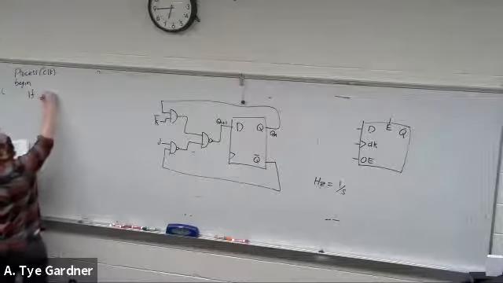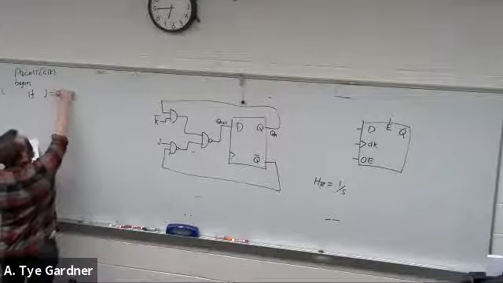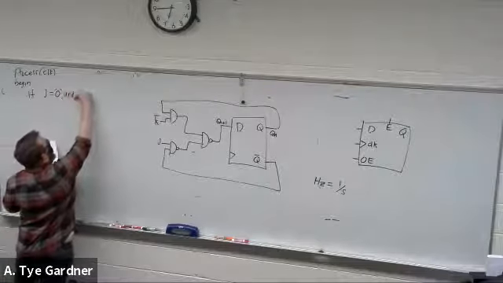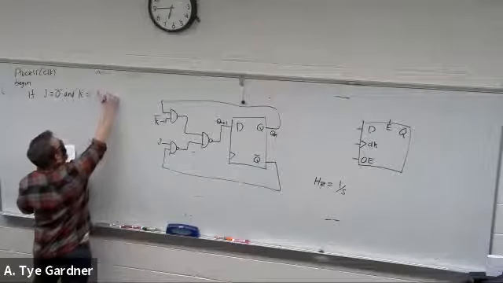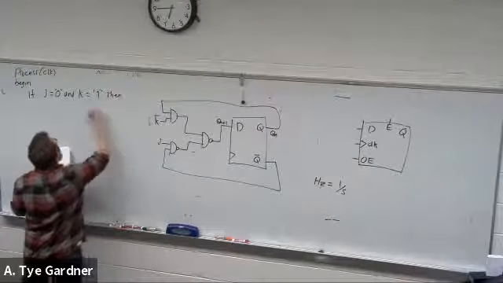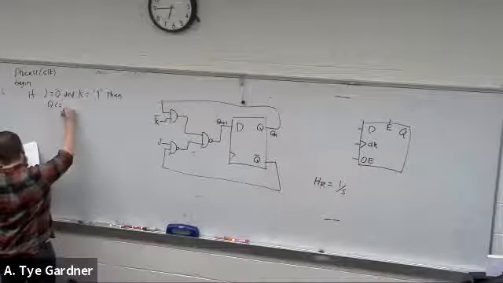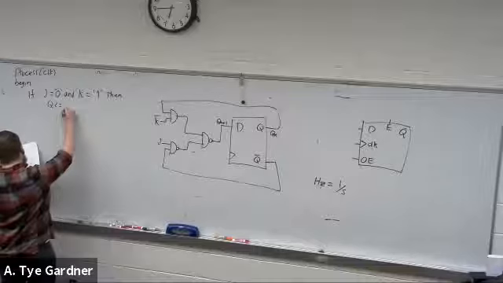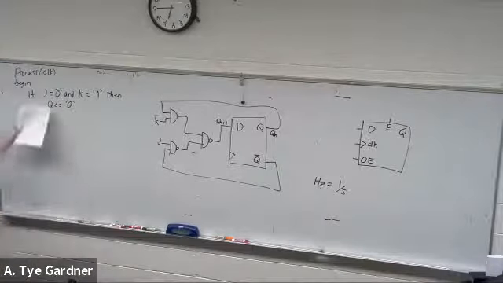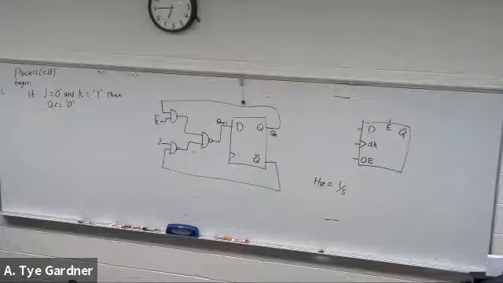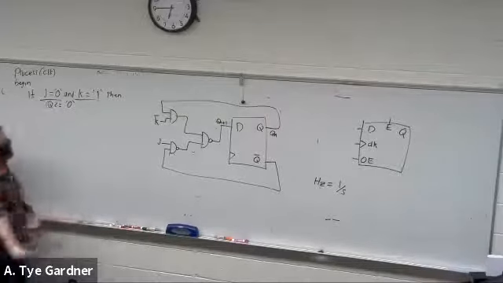you can say if J is equal to 0 and K is equal to 1, then Q is equal to 0. I had to go back and look at my truth table. So this is just multiple conditions. This is saying if J is 0 and K is 1.